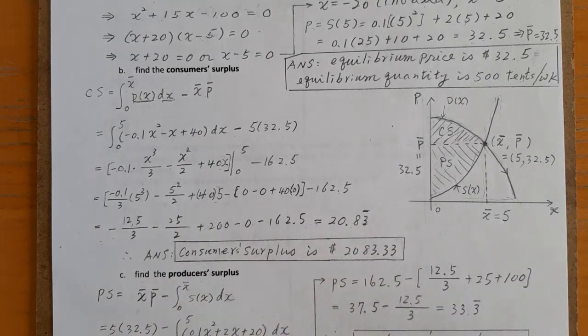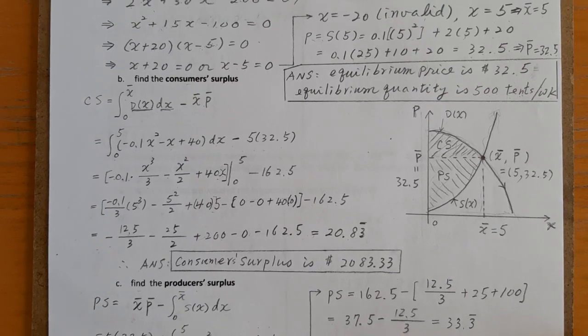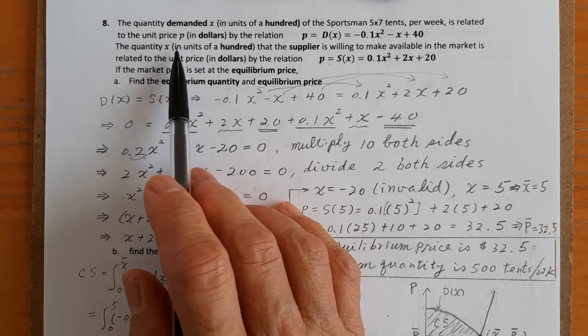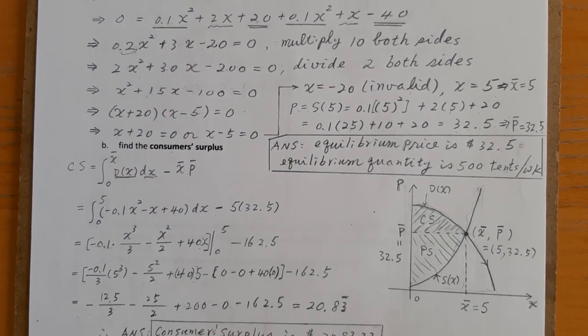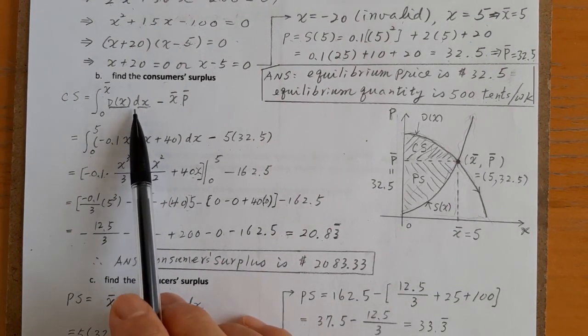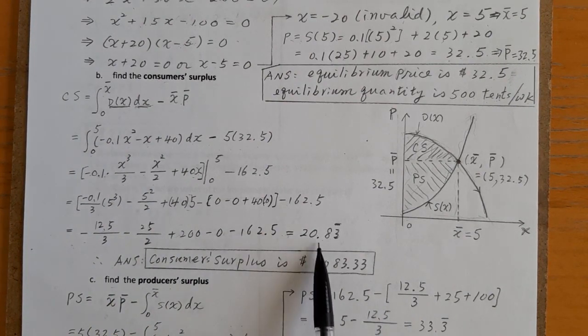Because here the x is in hundreds, since x is how many hundreds, you have to multiply by 100.